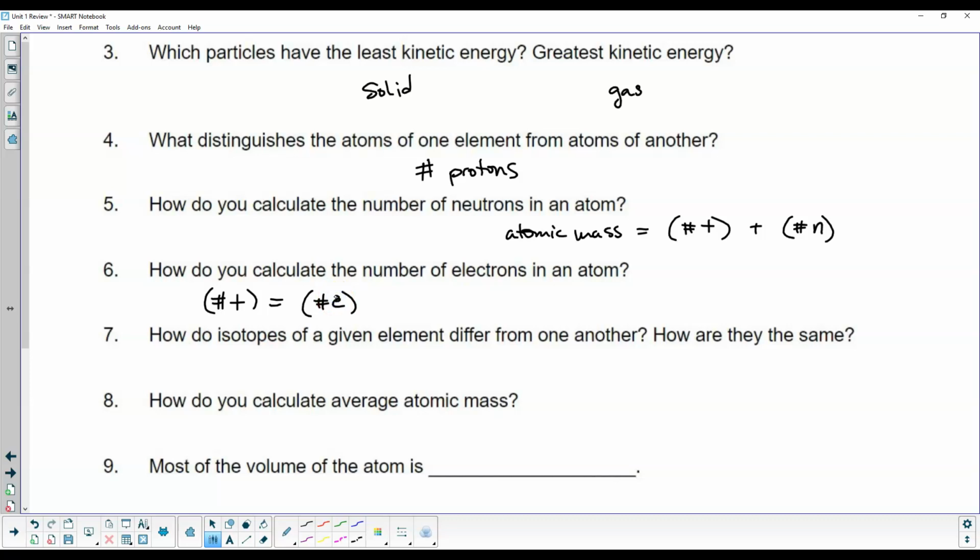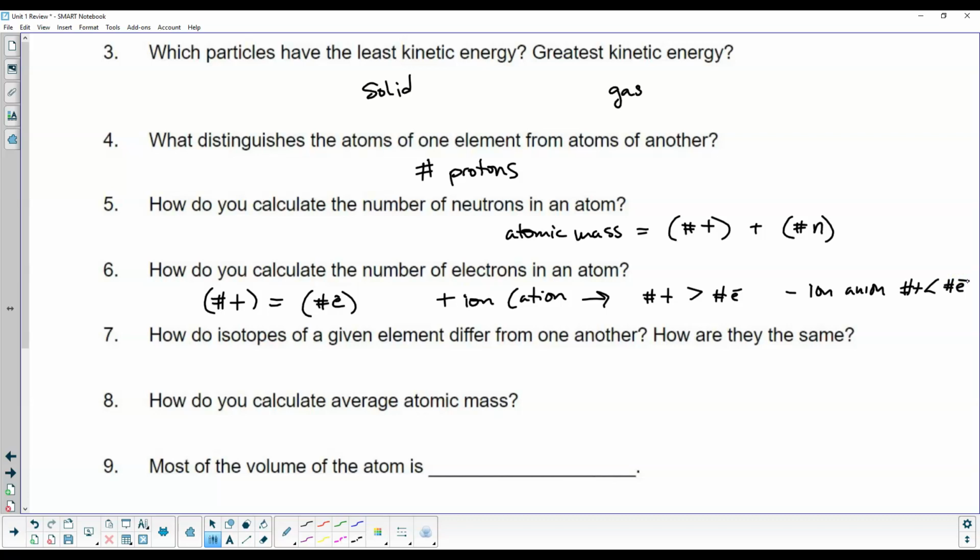So usually atoms like to be neutral, but if you have a positive ion, which is also called a cation, then the number of protons is going to be greater than the number of electrons. If you have a negative ion, which is an anion, the number of protons is less than the number of electrons.